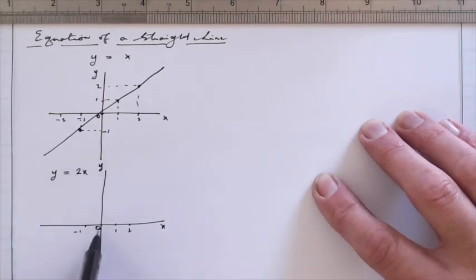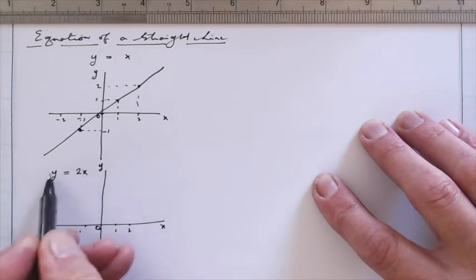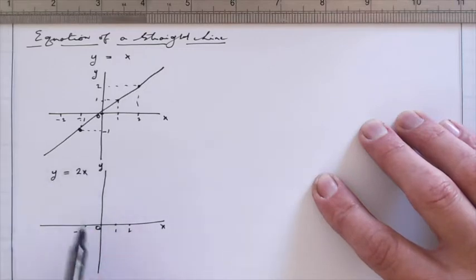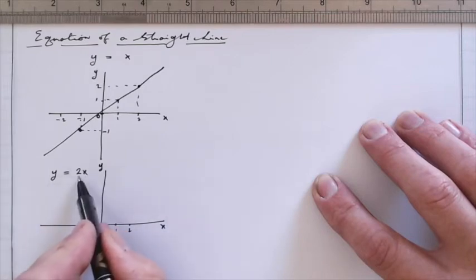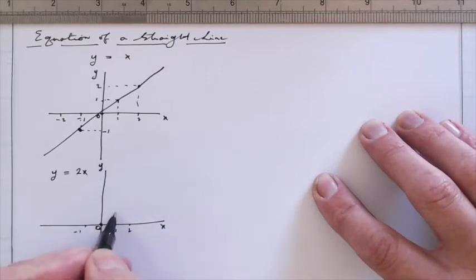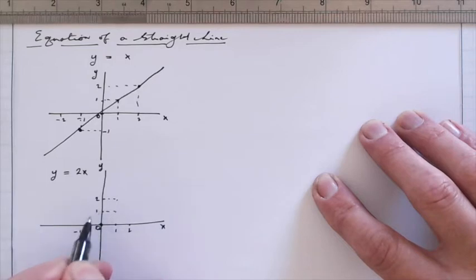So now if I choose x equal to 0, the equation instructs me to take a value of y which is 2 times x. So 2 times 0 is 0. So I have a point right on the line. If I look at x equals 1, the equation now instructs me that y is 2 times x. So 2 times 1 is 2. And I'm meant to go 2 units above the number line.